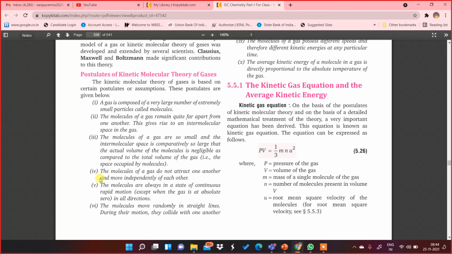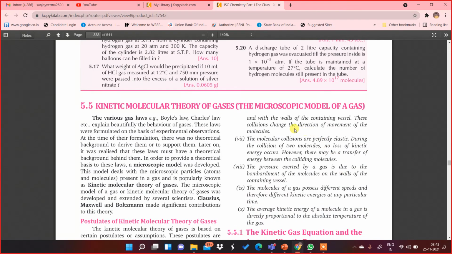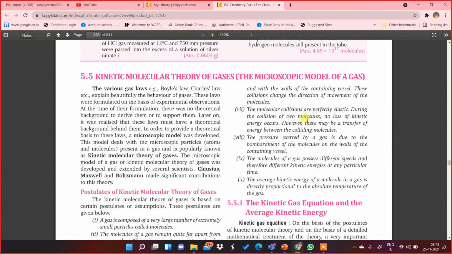The fourth one, the molecules of a gas do not attract one another and move independently of each other. Fifth one, the molecules are always in a state of continuous random rapid motion except in the gas at absolute zero temperature, in all directions. The molecules move randomly in straight lines. During the motion, they collide with one another and with the walls of the container.